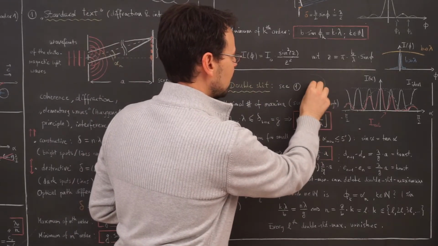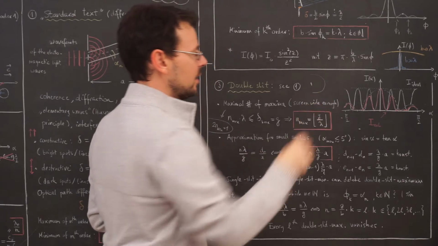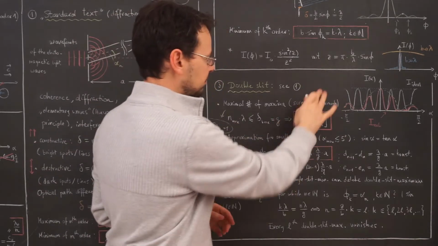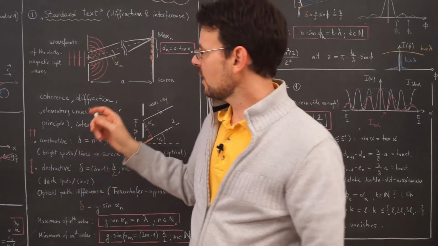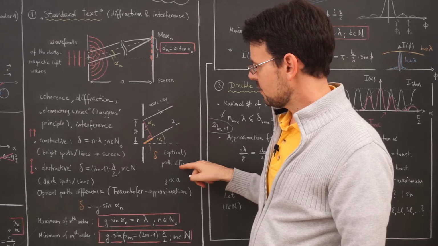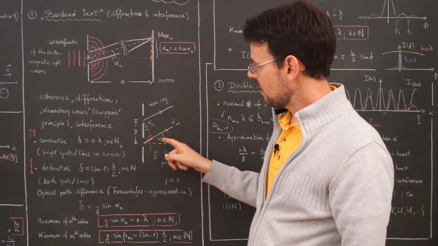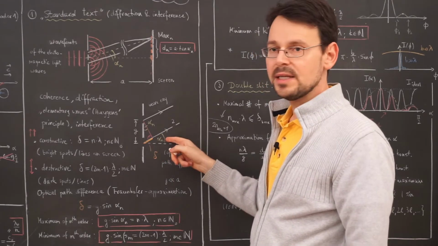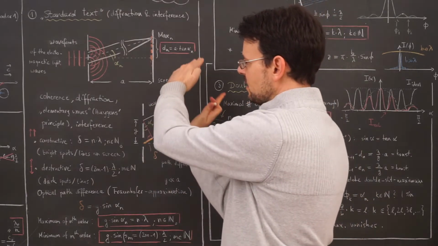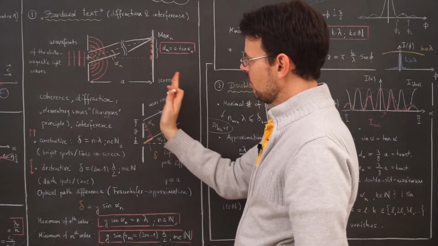So like a semicircle, so all the angles can be seen at the screen. Then you need to realize that the maximal optical path difference you can ever get is when this angle here approaches 90 degrees. Because try to imagine those wave rays get bent up more and more and more.